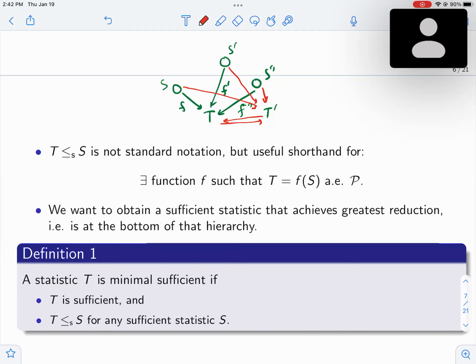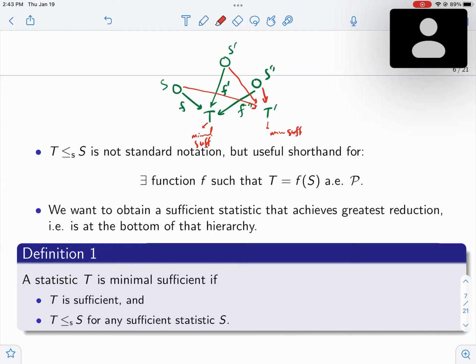When you say that they have the same properties, what do you mean by they have the same properties? If I have t prime, which is minimal sufficient, it's sufficient and this holds. So let's say this is minimal, and this is also minimal sufficient.